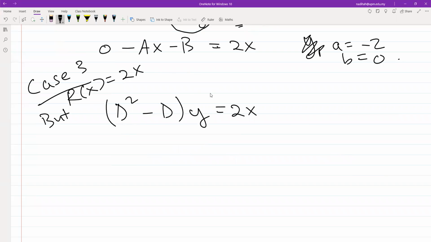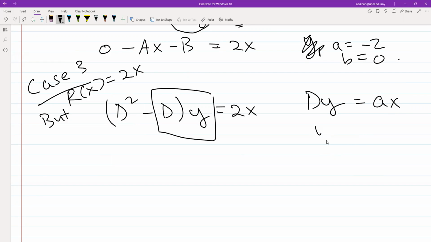Okay, sekarang ni saya tengok sama juga, saya tengok kat sini. So maksudnya apa? Maksudnya derivative of x over y, dia akan ada something, let's say ax, a constant. So yp yang saya nak cari mestilah ax squared plus bx plus c.